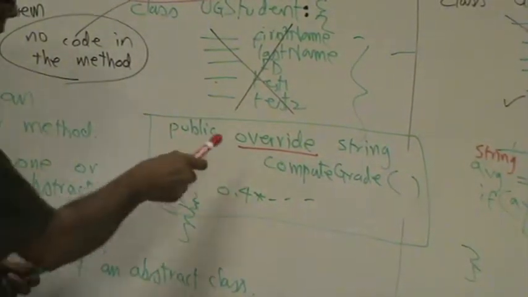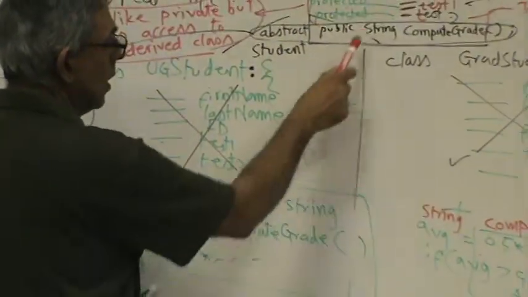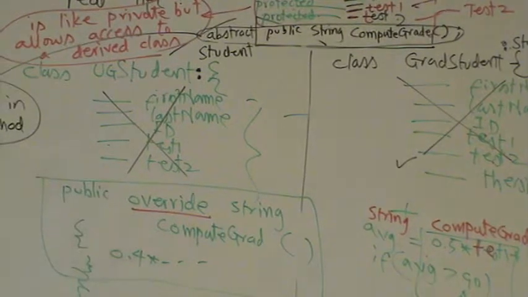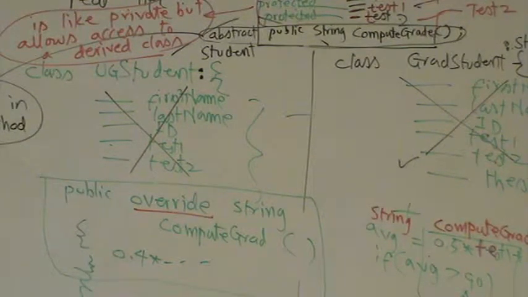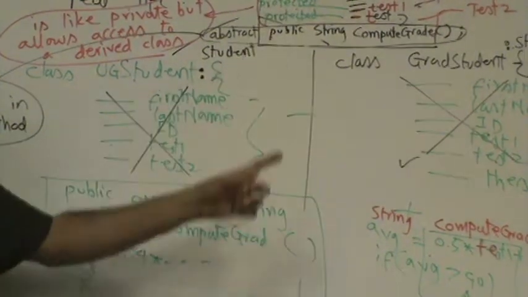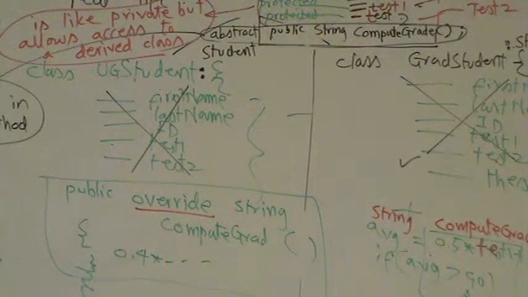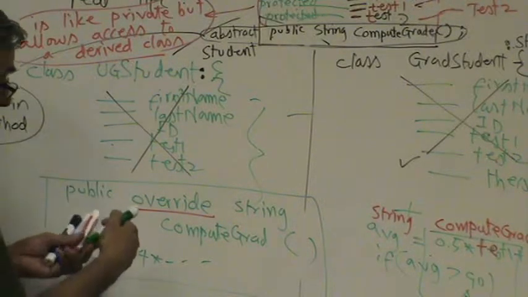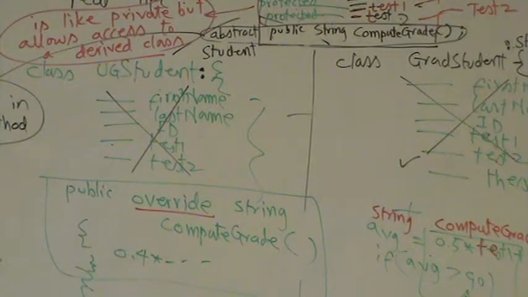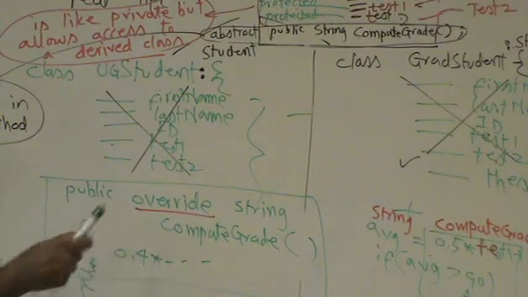Suppose in your mind you were overriding it, and you forgot an E over here. What will happen? Because you said override, the compiler will give you an error saying, I did not find anything over here called compute grade without an E. So again, the whole idea here is to make sure we have as little ambiguity as possible. So obviously you'll go back and check and say, oh, I forgot the E, and you'll put the E.